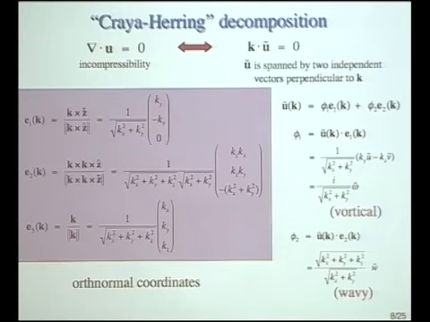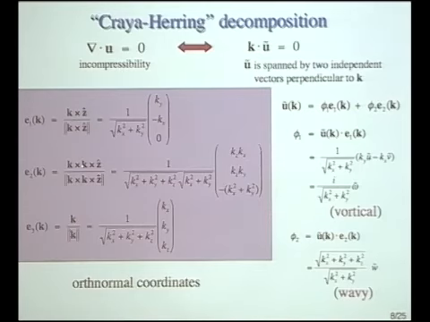The Craya-Herring decomposition is also called the toroidal and poloidal decomposition. The idea is that incompressibility is equal to k dot u equals 0 in Fourier space. So u tilde is spanned by two independent vectors perpendicular to k.